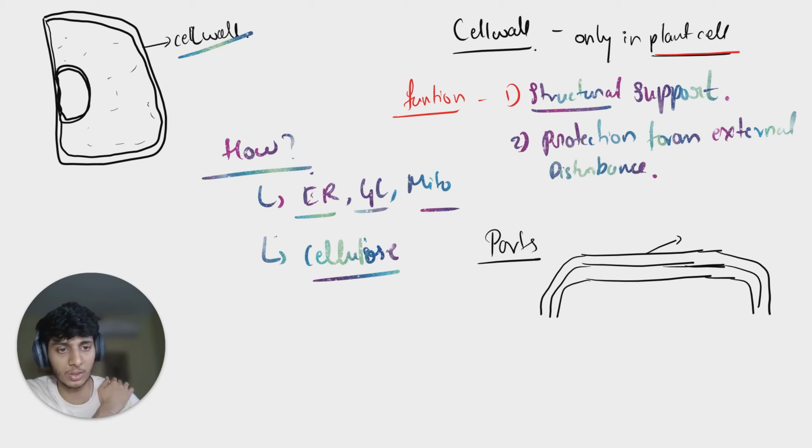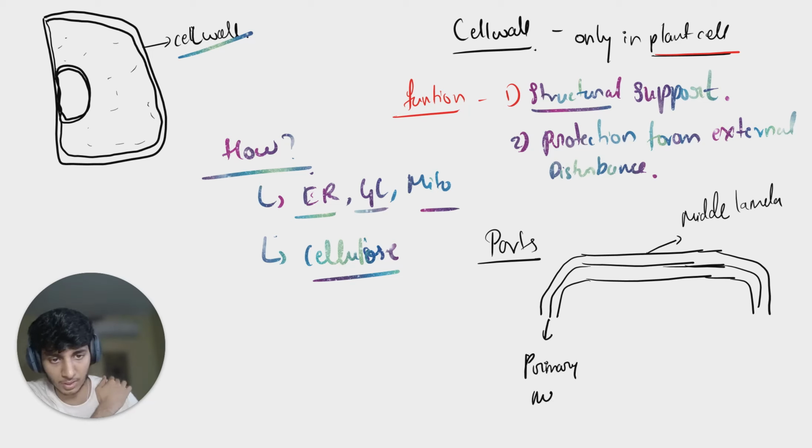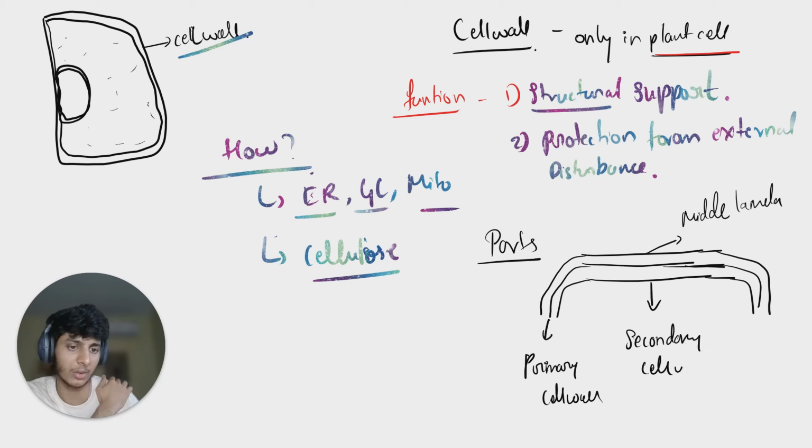One is the middle lamella, then the primary cell wall, and then the secondary cell wall.